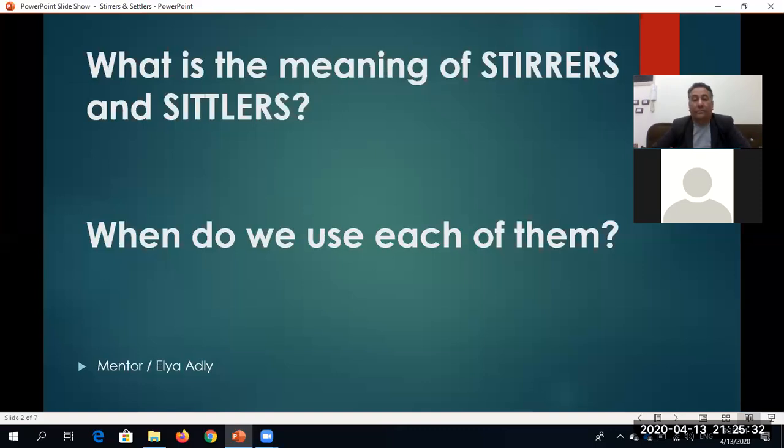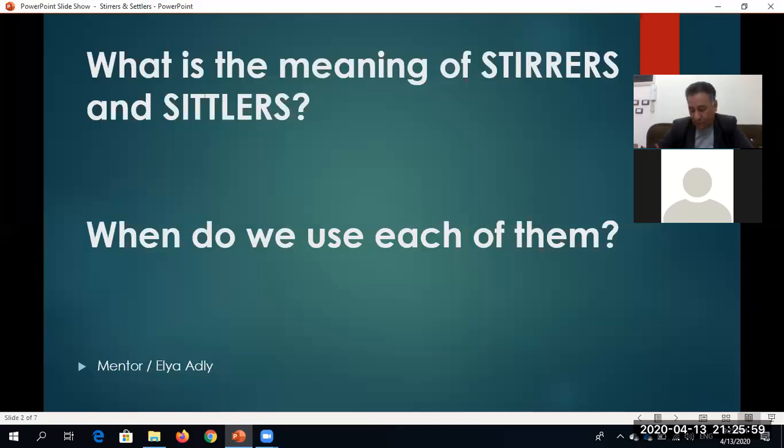We use them to make movement inside the classroom. And there are a lot of activities. I searched about them on Google and found a lot of activities for both of them, stirrers and settlers as well.